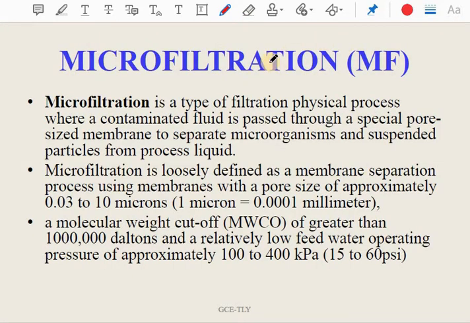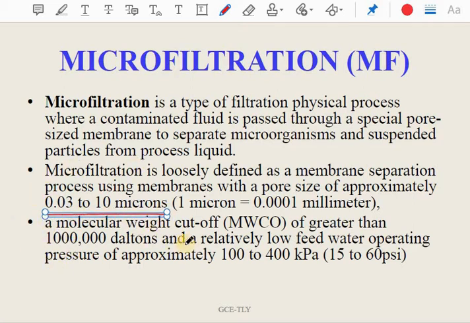So first is microfiltration. This is a filtration, which is a physical process as we said earlier. Here the contaminated fluid is passed through a membrane of specific pore size to separate the microorganisms and suspended particles from the process liquid. Microfiltration can also be defined as a loose membrane separation process using membranes with a pore size of approximately 0.3 to 10 micron.